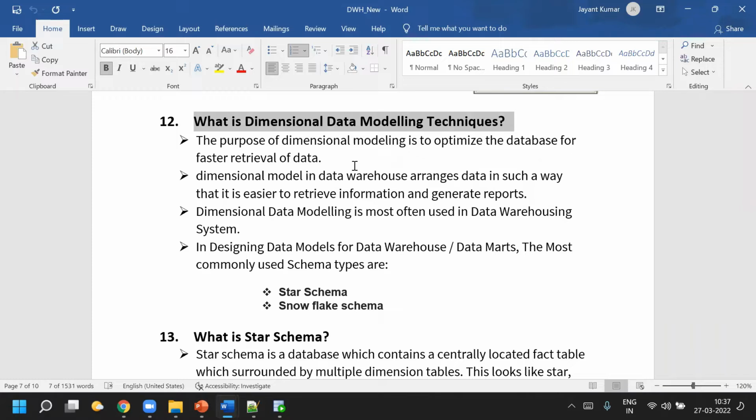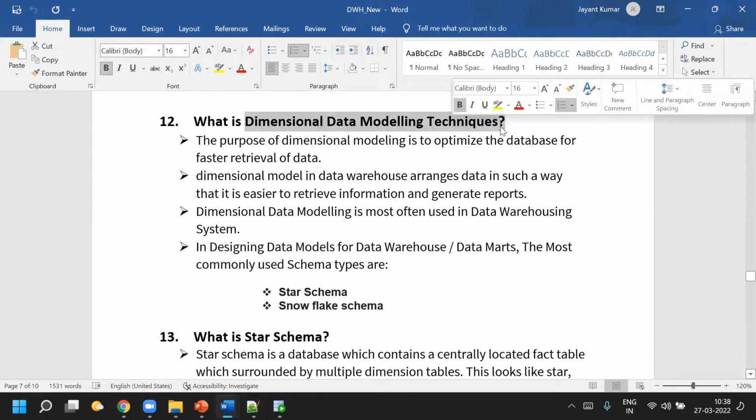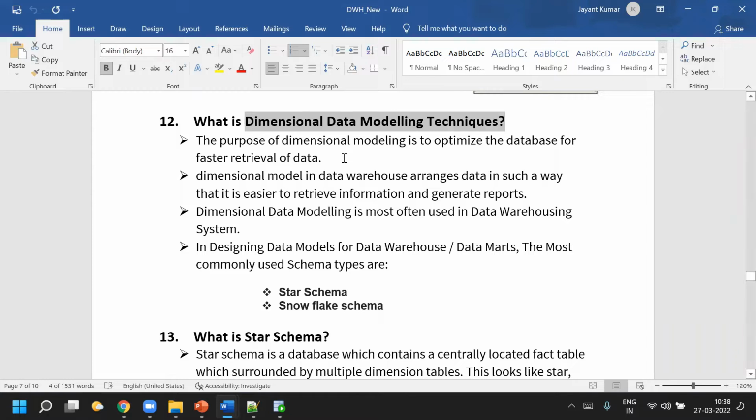If you consider the example of Flipkart, if they have a data warehouse, then an architecture will be designed based on the dimensional data modeling technique. This is the technique they use to design the data warehouse in any project. The purpose of dimensional modeling is to optimize the database for faster retrieval of data.